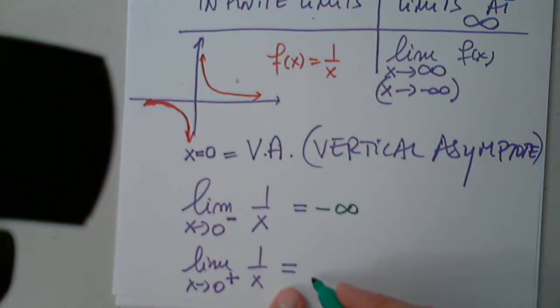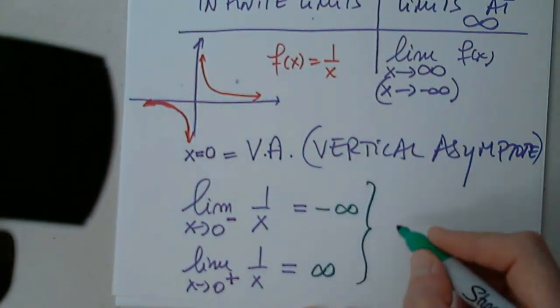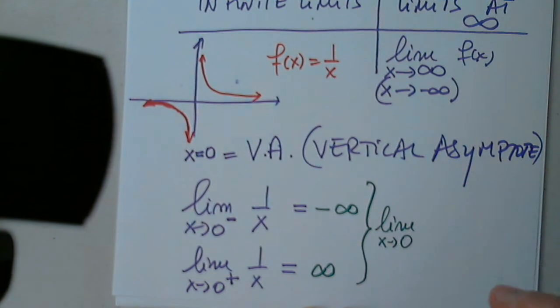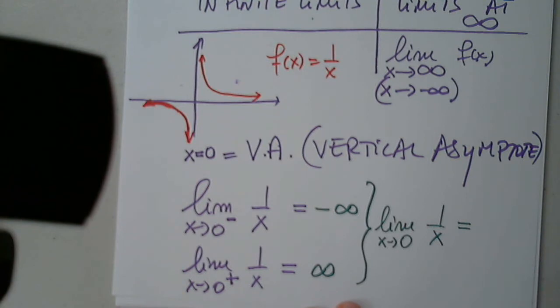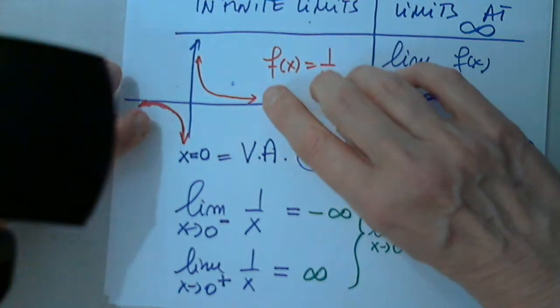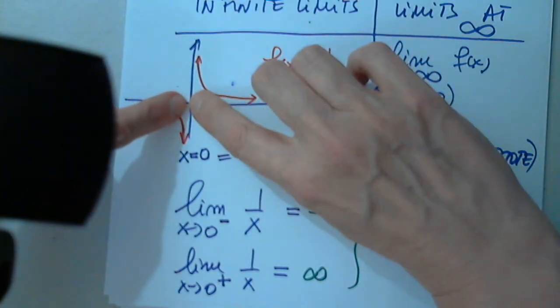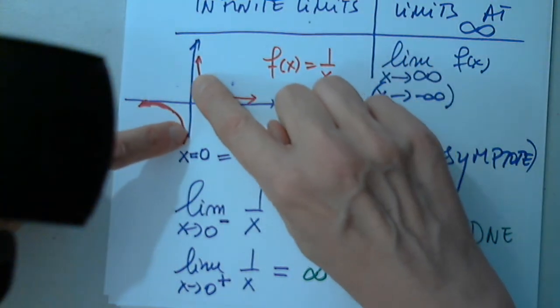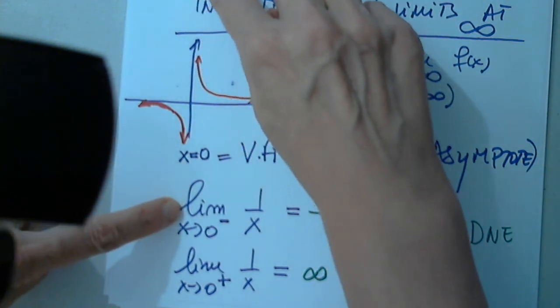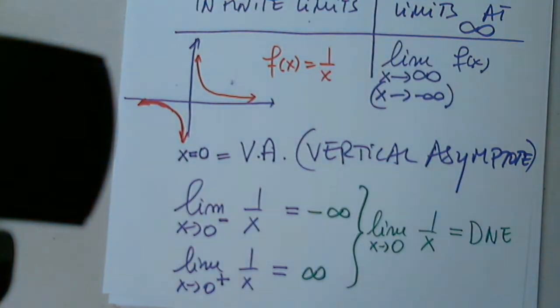The other one is infinity. Very good. Now can you draw a conclusion about the limit as x approaches 0 from either side of 1 over x? Does not exist. Right. Follow my hand: when x approaches 0 from either side, what does the function do? Is that clear?